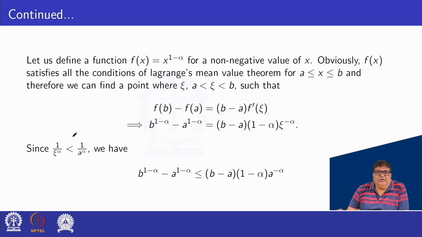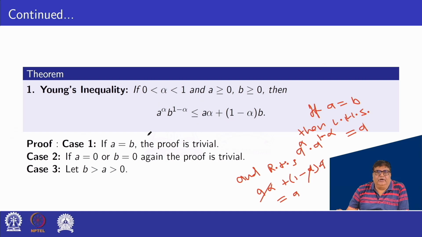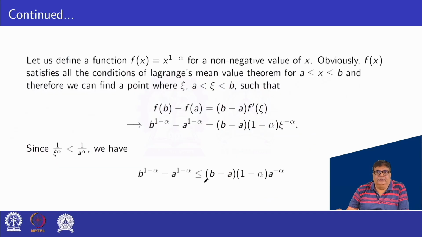So by this inequality we put this value of xi to the power minus alpha, and we get b to the power 1 minus alpha minus a to the power 1 minus alpha less than or equal to b minus a times 1 minus alpha a to the power minus alpha. Here the equality case is included, because we discussed the whole case of the inequality including this also.